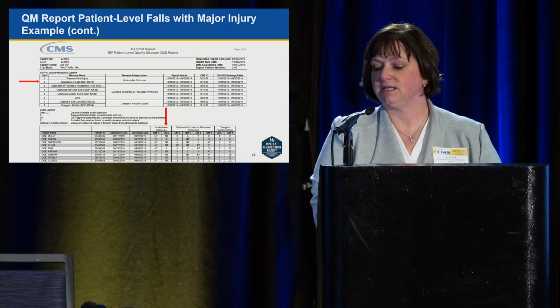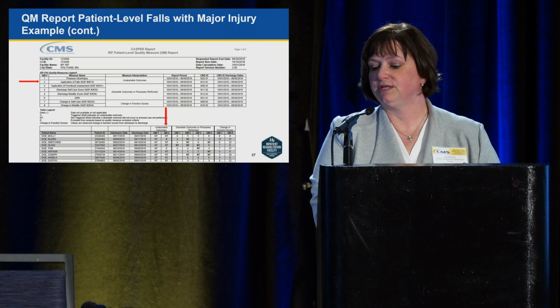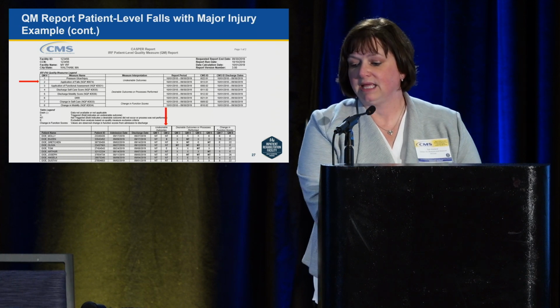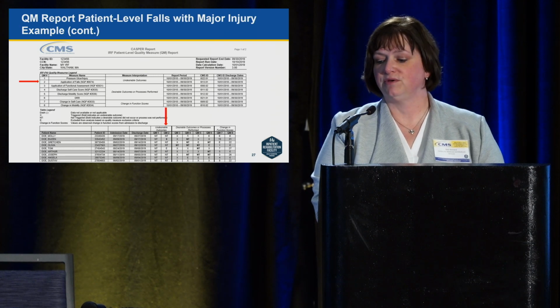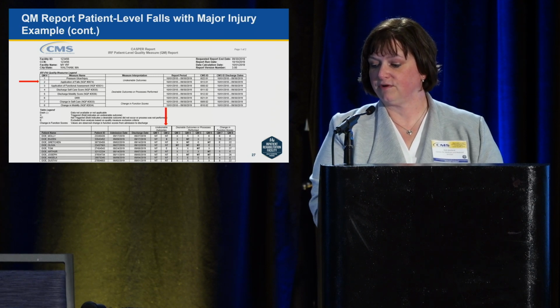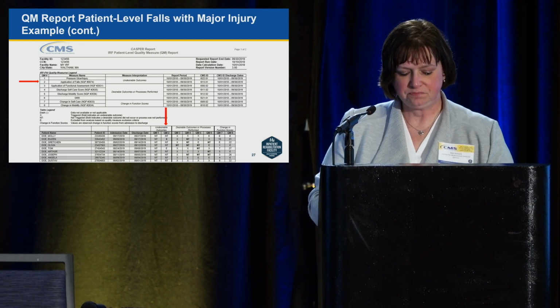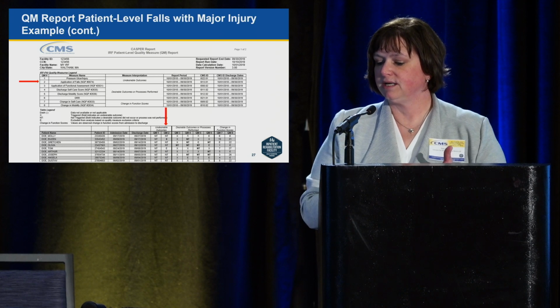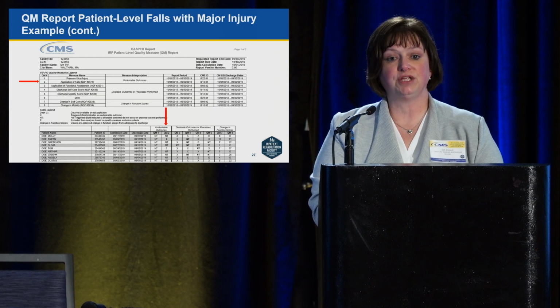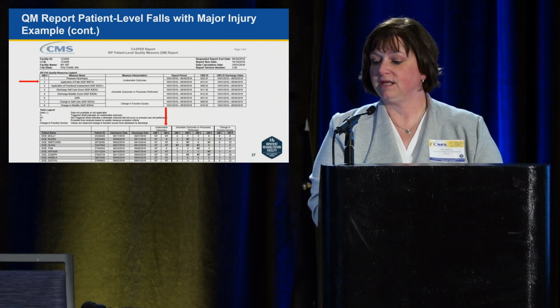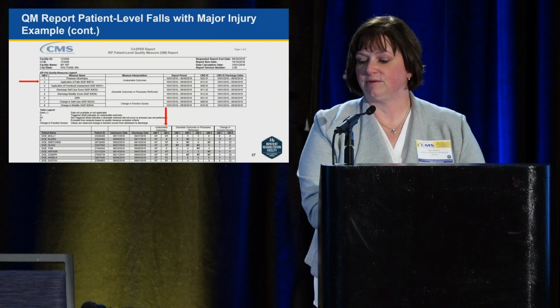The X would mean that the measure was triggered, NT not triggered, E is excluded, and a note to inform you that the change in functional status values are observed change in functional scores from admission to discharge. So as we look down to the table beneath this, then you can cross-reference the columns that are listed for each patient with the quality measure legend table.